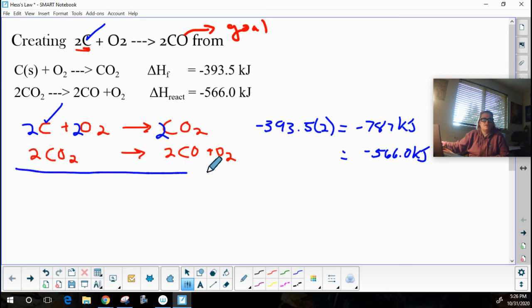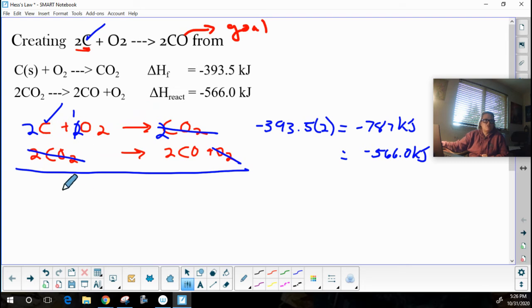So I'm going to see if these 2 equations add up to make my goal. Well, I've got 2 CO2s on the left, 2 CO2s on the right, and so I get to cancel those out. I get 2 O2s on the left side, 1 O2 on the right side. So the one on the right side cancels out, and the one on the left side reduces to 1.